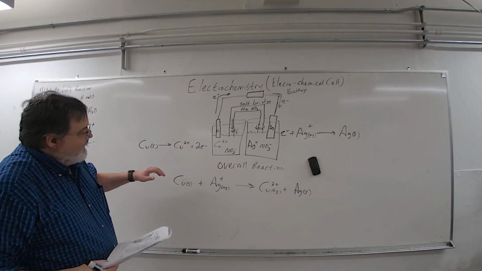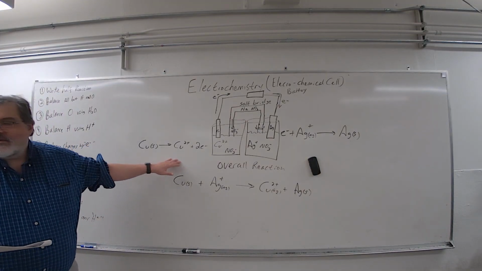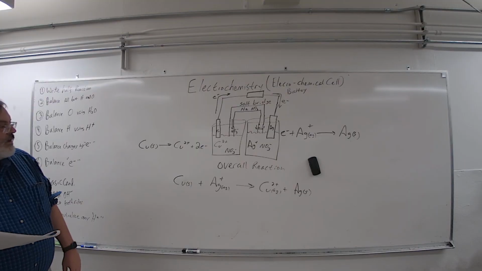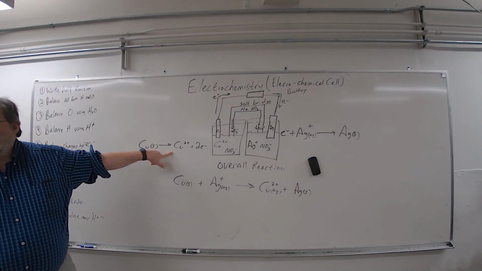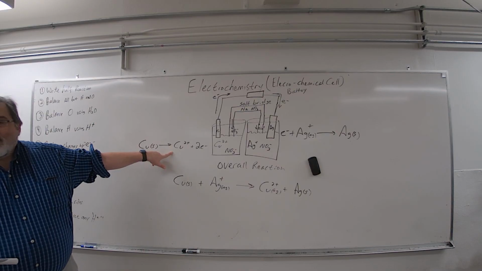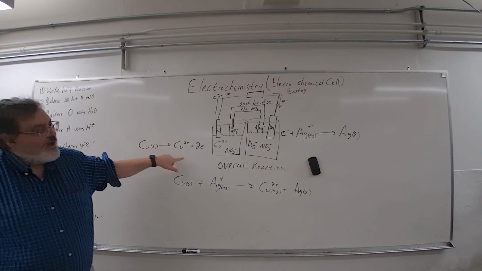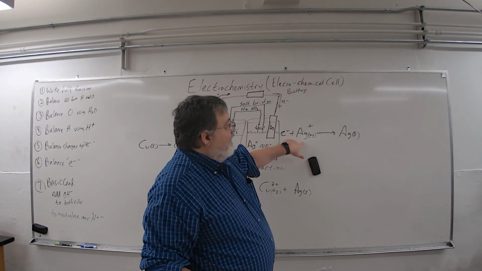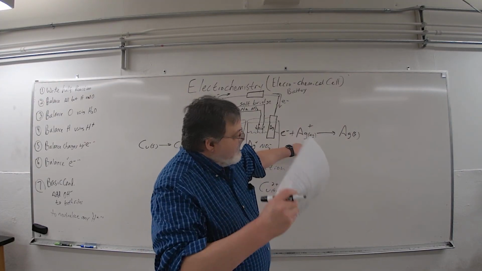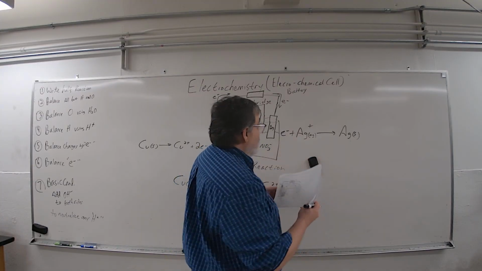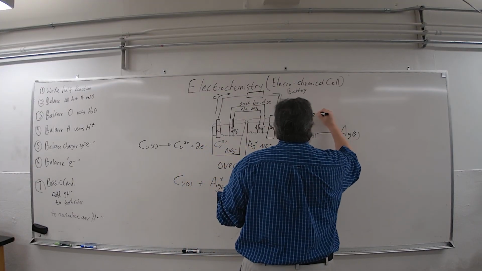So is this oxidation or reduction going on here? It goes from neutral and it loses 2 electrons. Is that oxidation? I always tell y'all that it's easier to think for the reduction side. Ag goes from being plus down to 0. So this side, reduction is happening.